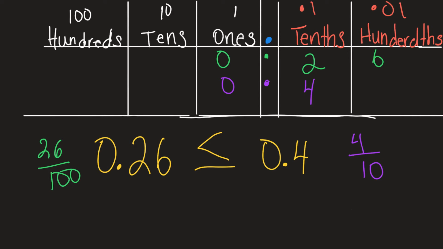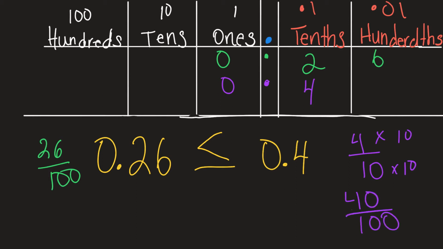Now, if we wanted to compare these fractions, we would have to get them with the same denominator, right? So in order for us to do that, we need to multiply 4 tenths by 10 so that we can have a denominator of 100. And that is going to give us 40 hundredths.